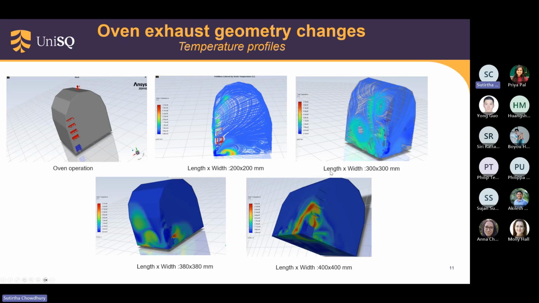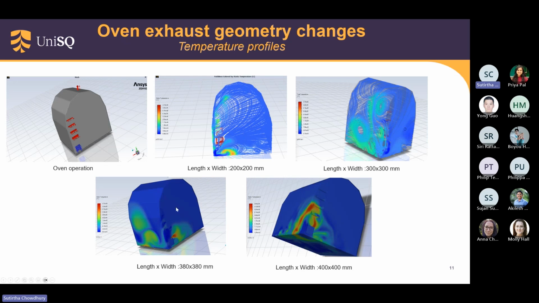Afterward, we decided to make the chimney size 300 by 300 mm. It started giving some good results and distributing throughout, but it was not enough to distribute the temperature to the mold. Afterward, we made the chimney size the same as the duct outlets. The duct outlet size was 380 by 380 mm.